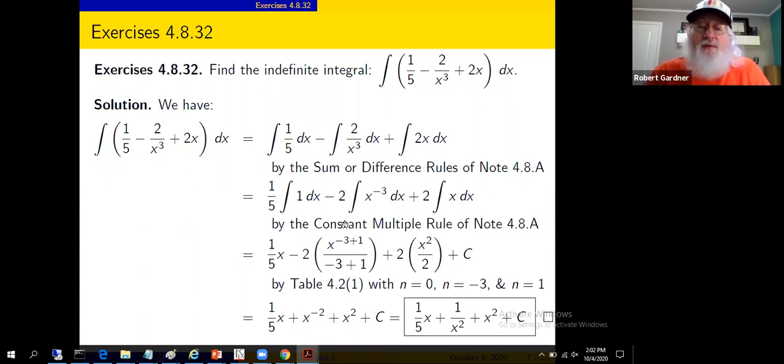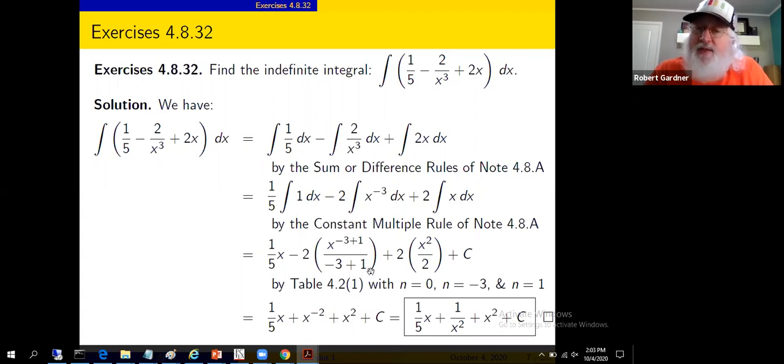Next, that gives us powers of x. Excuse me, x to the 0. I can get from the table with n equals 0 in that first list in the table of adding 1 to the exponent, giving us an x to the 1. Of course, the derivative of x is 1. X to the -3, we'd add 1 to the exponent and divide by the resulting exponent.